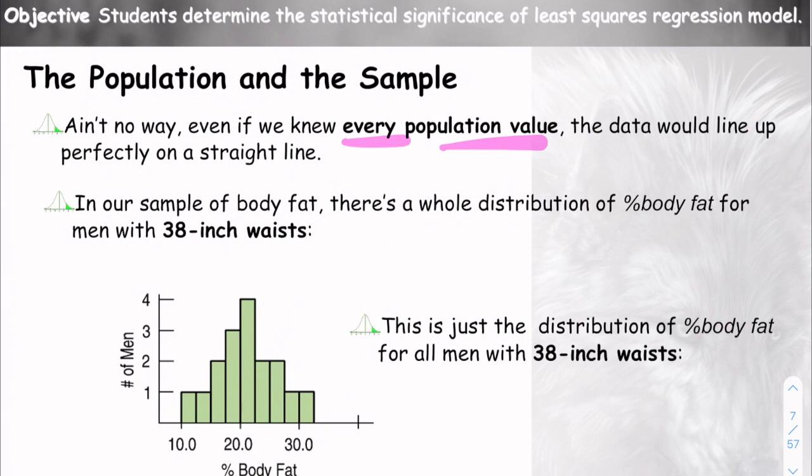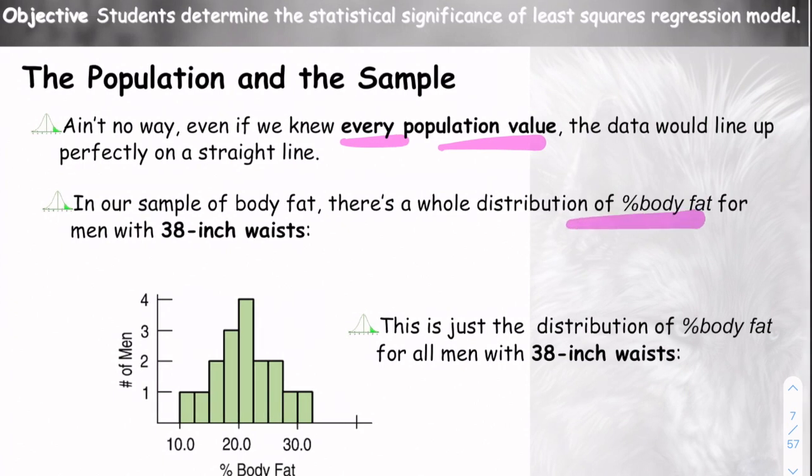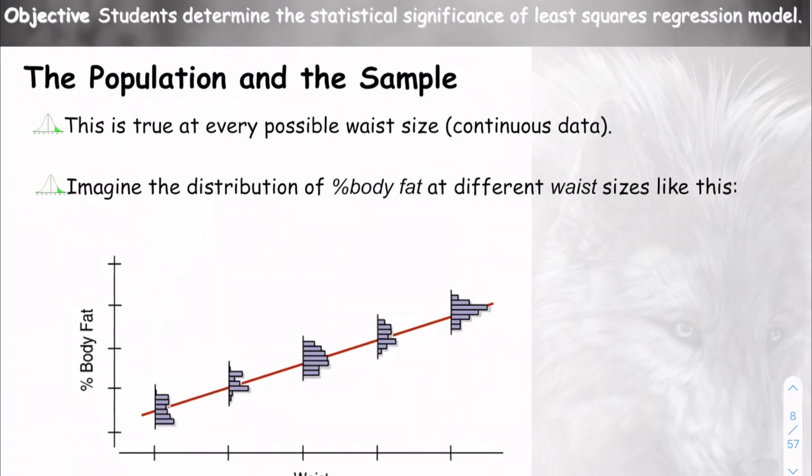So just picture this. In our sample of body fat, there's a whole distribution of percent body fat for men with 38-inch waists. So this distribution of percent body fat is for all men with 38-inch waists. But that's not the only waist measurement someone could have. They could have waist measurements of 30, 45. And so what we're looking for when we're modeling this is the distribution at every possible waist size.